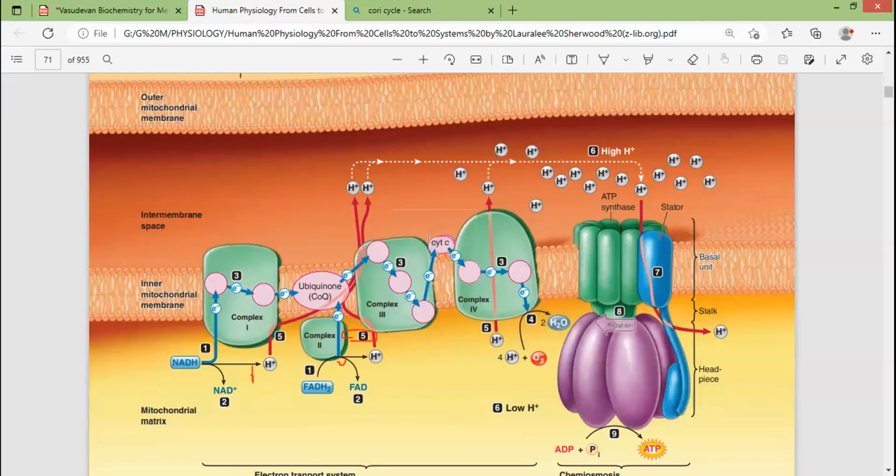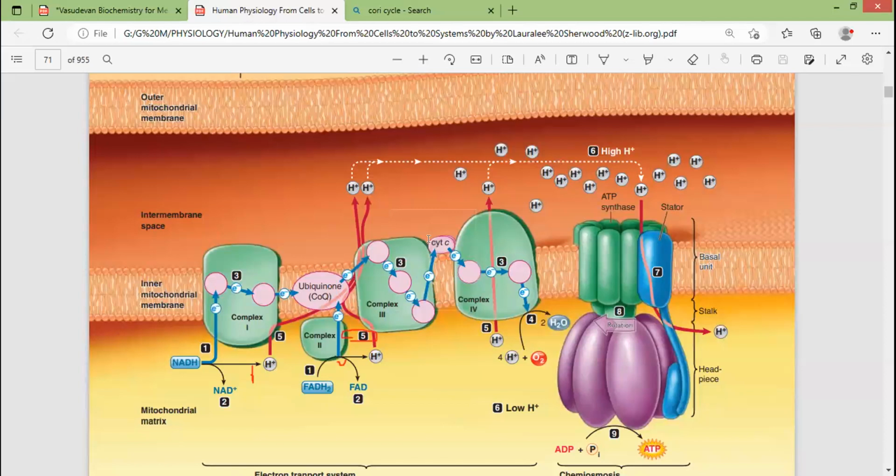But in the mitochondria, remember, mitochondria is the powerhouse of the cell. We do not waste energy in the mitochondria. So the energy that is released when these electrons are being transferred from one complex to another, that energy is utilized by complex 3 and by complex 4.